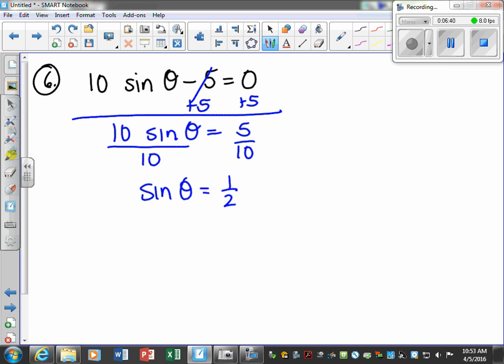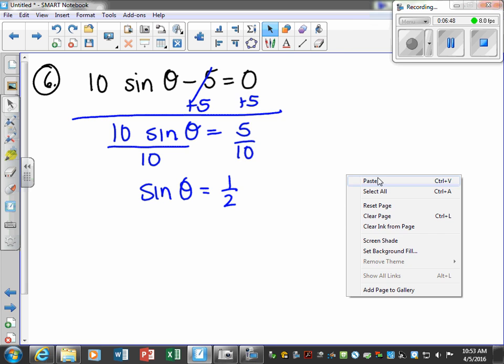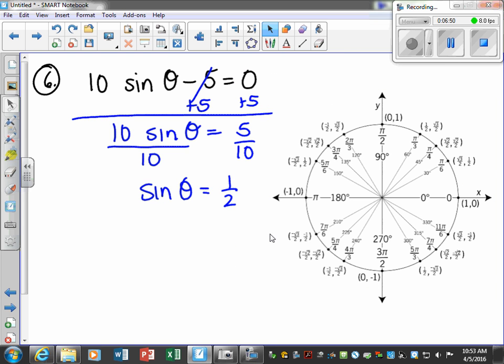Now go to your unit circle and tell me the places where the sine of theta is equal to 1/2. Sine of theta is equal to 1/2 at pi over 6 and also 5 pi over 6.